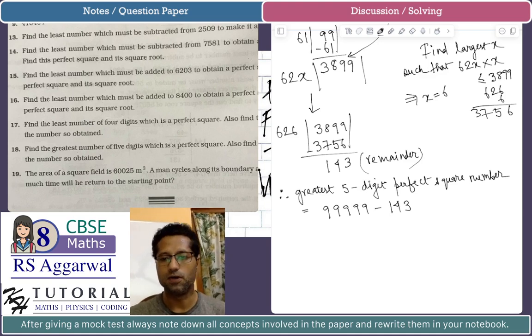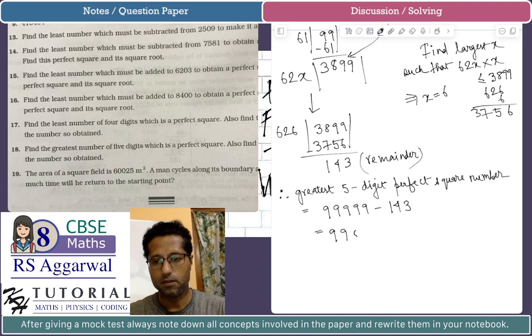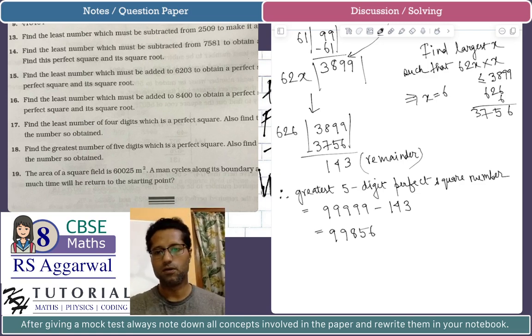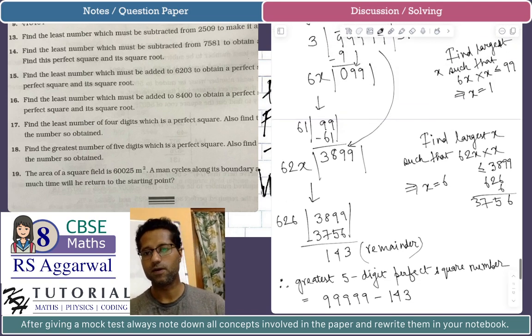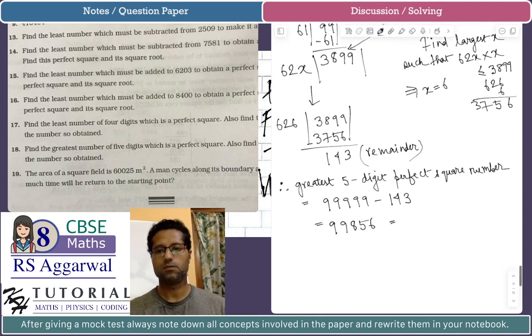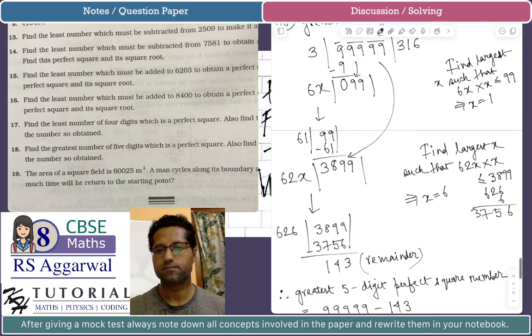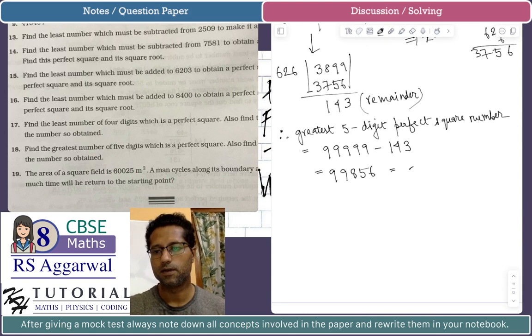So this is how much? This is 99856, and this has to be equal to the current quotient whole square.